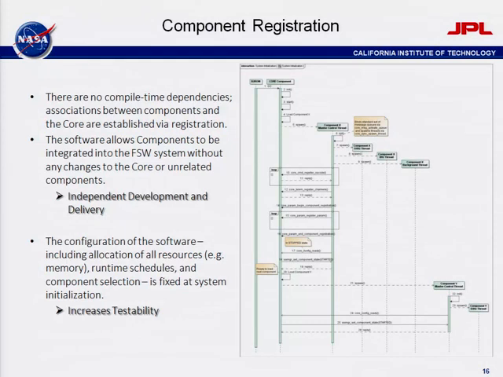So that could be things like commands, telemetry, parameters, all of that information. Typically, that couples the underlying operating system, core services with a particular component, that's all done through registration now. So you're really decoupling the core from the other components in the system.